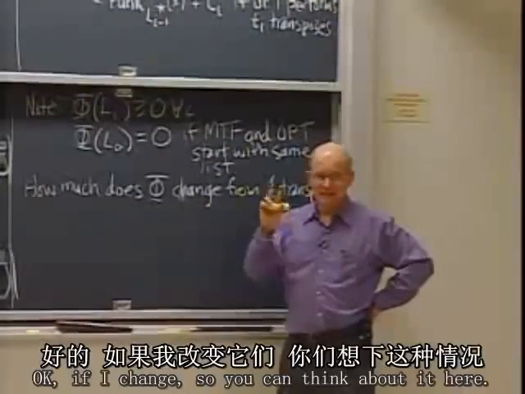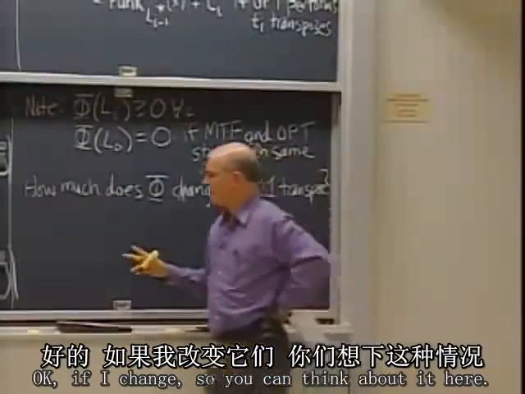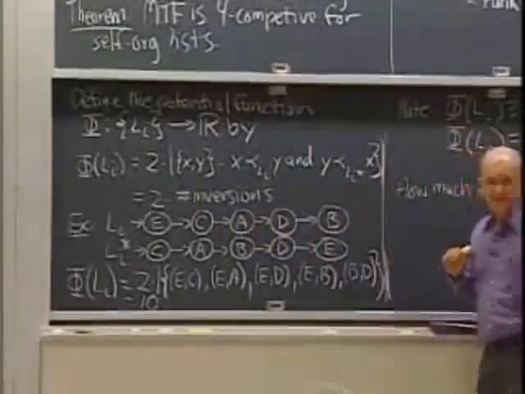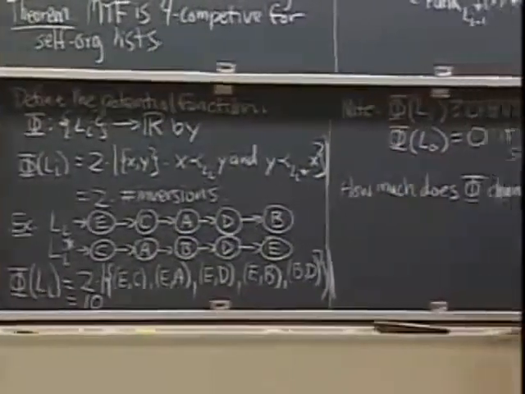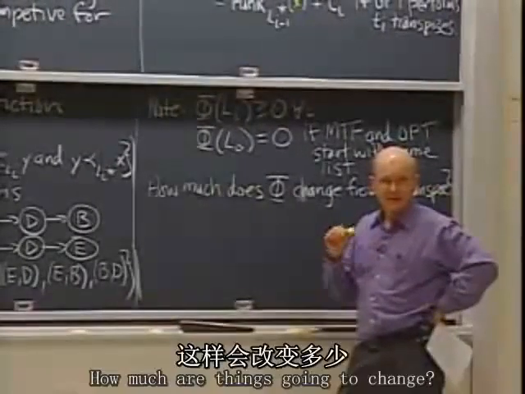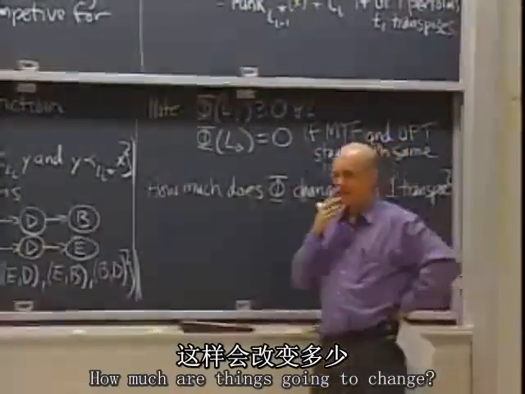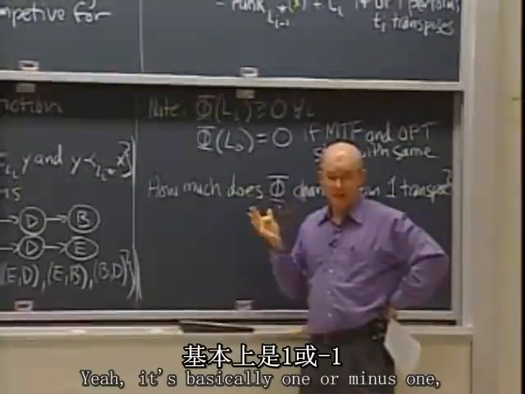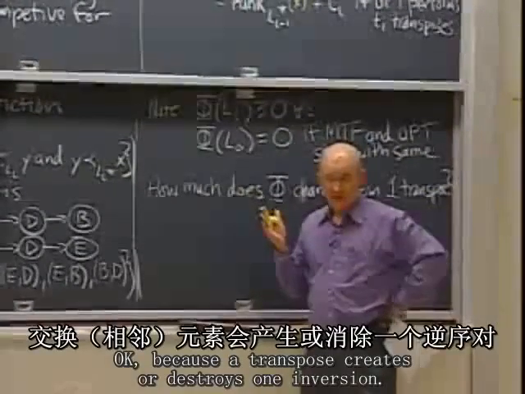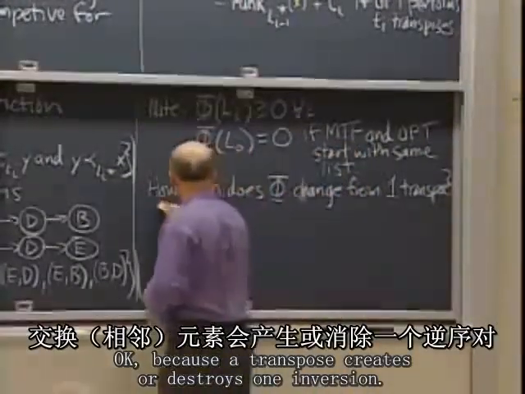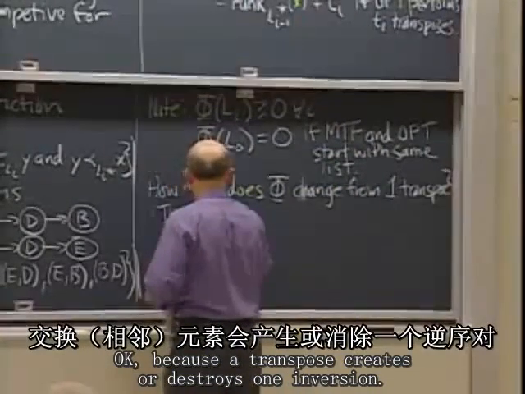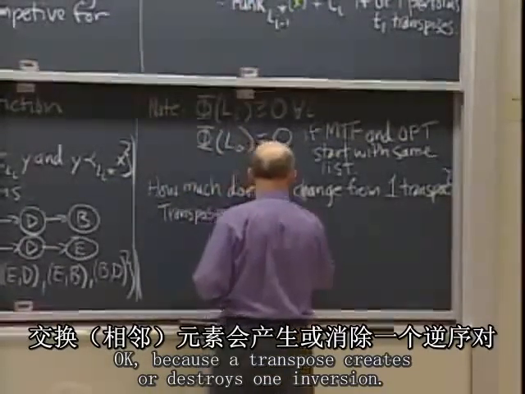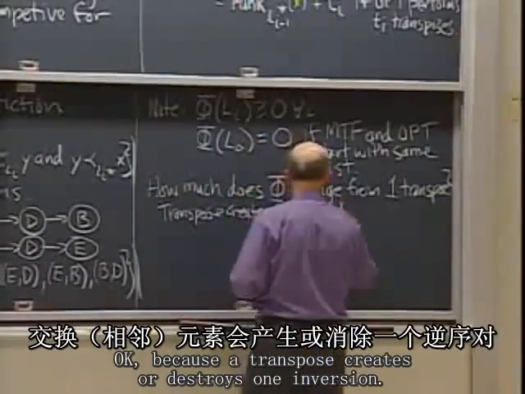But if I change, you can think about it here. Suppose I switch two of these elements here. How much are things going to change? It's basically 1 or minus 1, because a transpose creates or destroys one inversion.